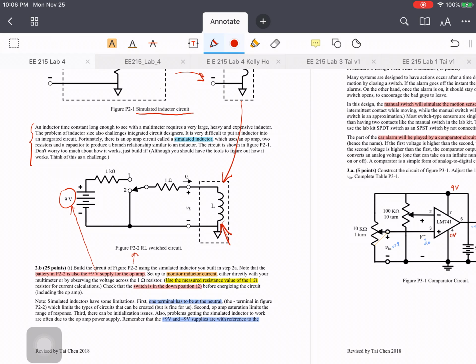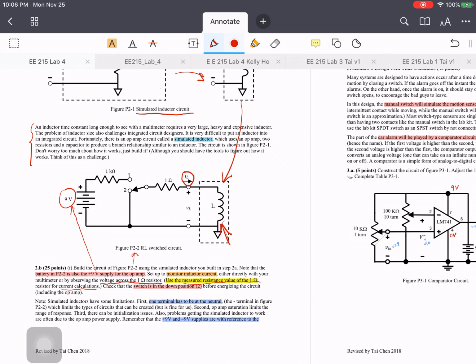So set up to monitor inductor current, either directly with your multimeter or by observing the voltage across the 1 ohm resistor. Use the measured resistance value of the 1 ohm resistor for the current calculation, which means there are 2 ways to calculate IL.